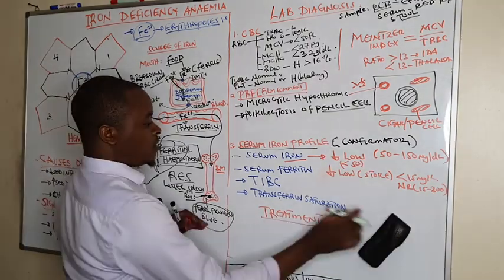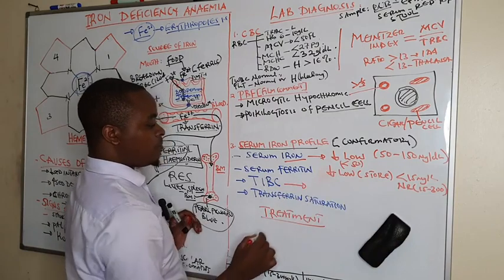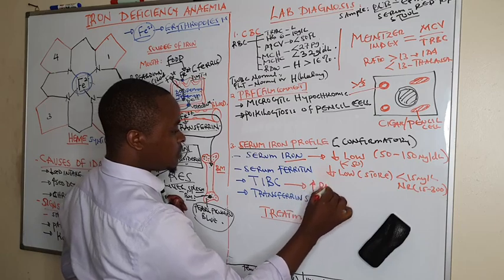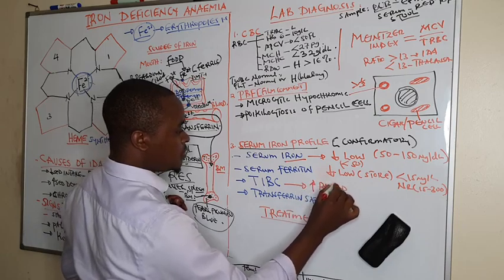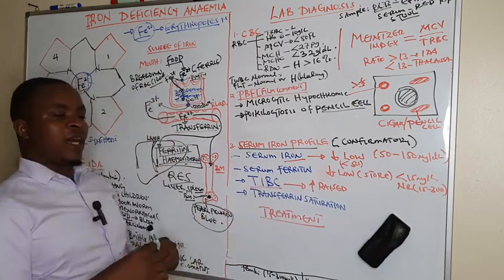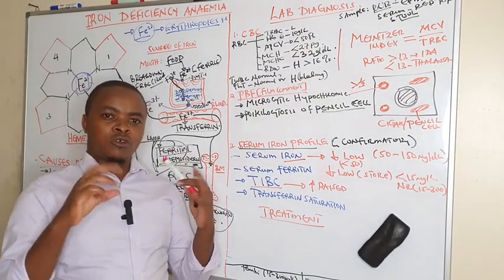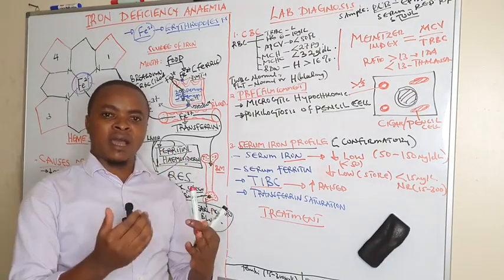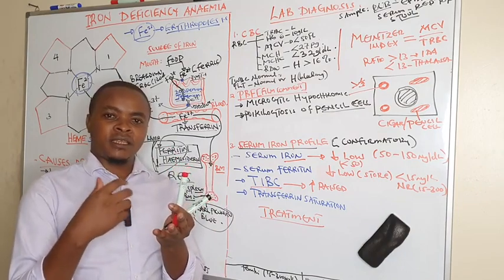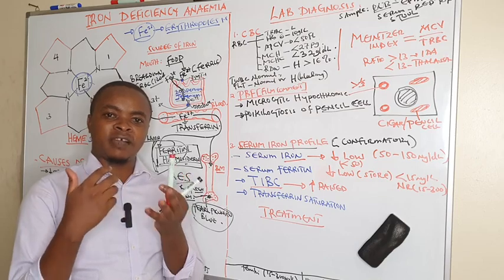Then you find the total iron binding capacity is raised. Why is it raised? If the iron is little, the affinity to bind is high because the binding sites on transferrin are free.